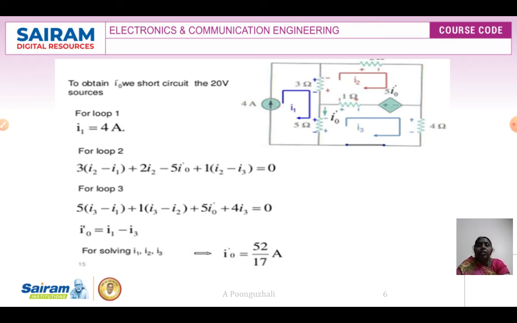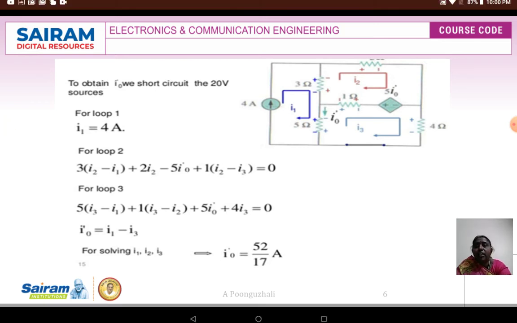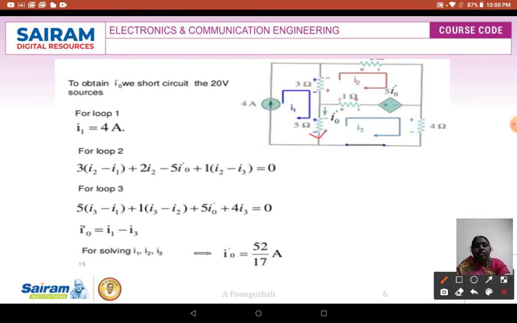So we know that your I0 dash is equivalent to your I1 minus I3. How to get it is, your I0 is here. See here in this case, this is your I0 dash current. Here this is your I3 current. And this is going to be your I1 current.